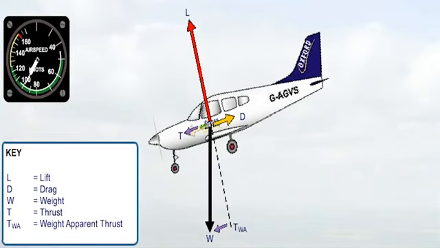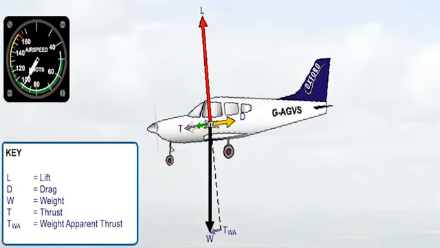If power were now increased, propeller thrust would likewise increase. If the same nose-down attitude were held, the combination of the greater propeller thrust and the weight apparent thrust would exceed drag, and the aircraft would accelerate. We can see then that if the pilot wishes to maintain 100 knots, less weight apparent thrust is required to balance the drag.